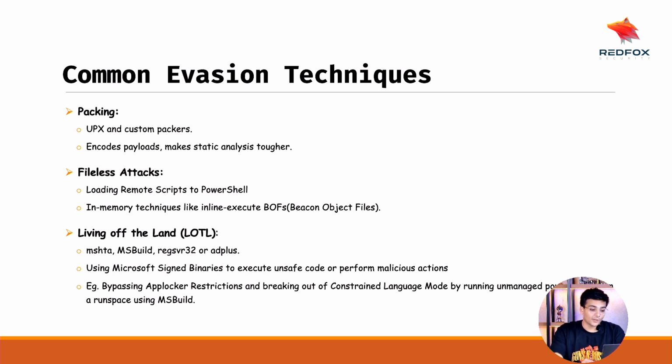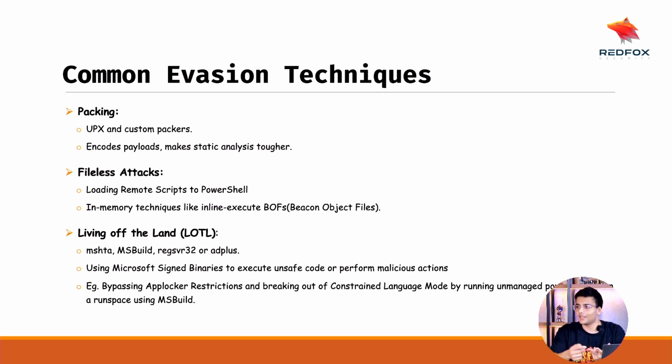Then there is living off the land. This is again one very interesting tactic that attackers use, which I also used against one of the EDRs here. MSBuild is by far the strongest yet the most signatured living off the land binary. We can bypass AppLocker restrictions. We can get through CLM restrictions.